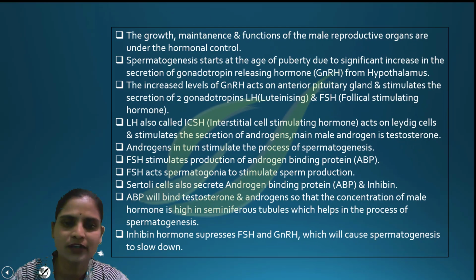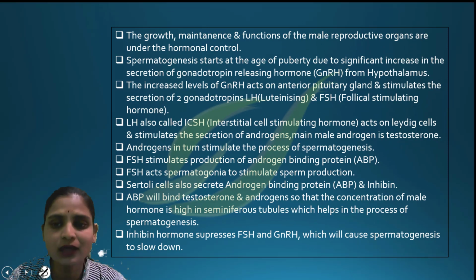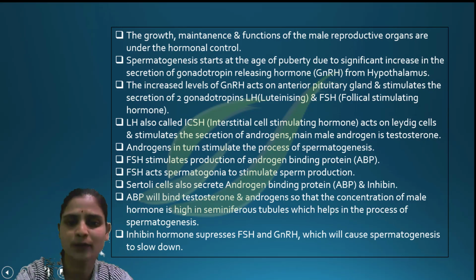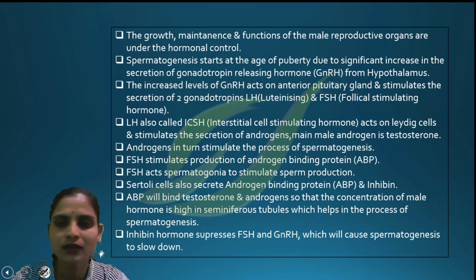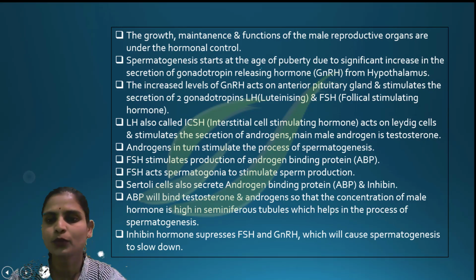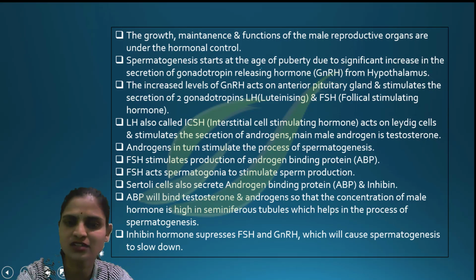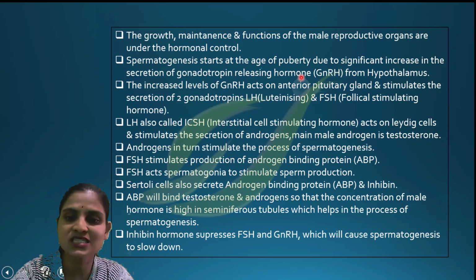Here we can study what exactly the hormone functions are and how they affect. As I told you, spermatogenesis will start at the age of puberty. Gonadotrophin releasing hormone will increase during the puberty stage.